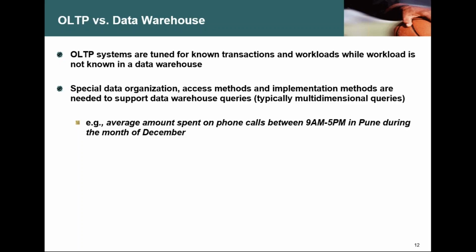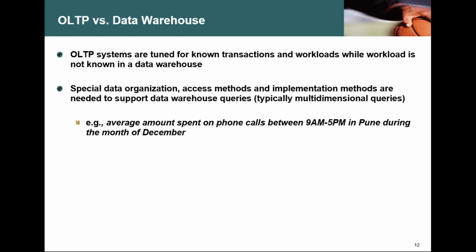What is transactional data? Whatever operations, the day-to-day operations happening in your business, are called transactions. Such data is transactional data, and the system processing such data is an online transaction processing system. Is that clear?